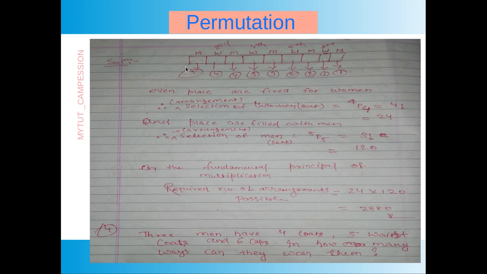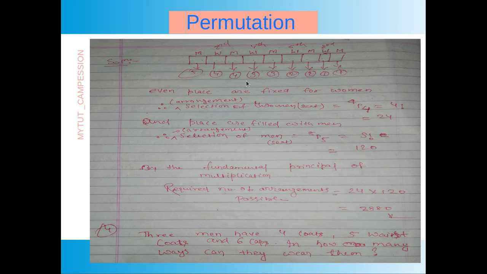You can also apply it this way. There are 5 men; the first seat, an odd position, is given to a man in 5 ways. Now the even position is given to a woman in 4 ways. Similarly, the next odd position for a man in 4 ways. Now for the woman 3 ways at the even position, for the man 3 ways. Even position for the woman 2 ways, odd position for the man 2 ways, and the last odd position for the man 1 way.